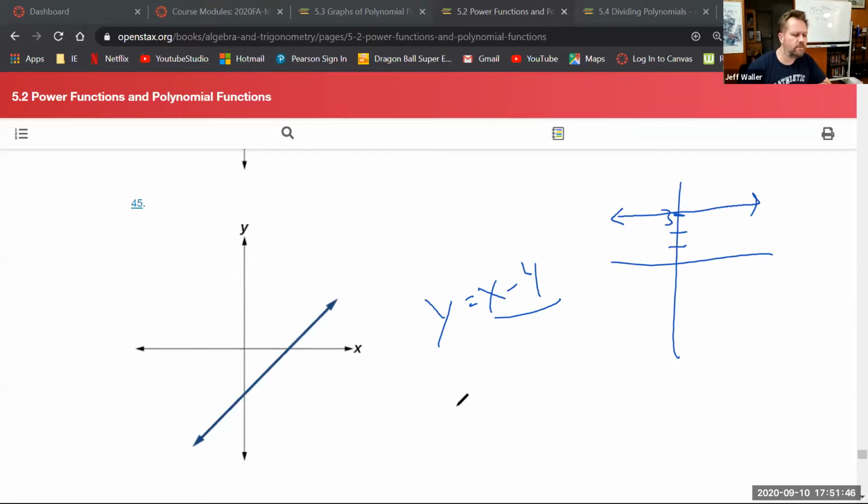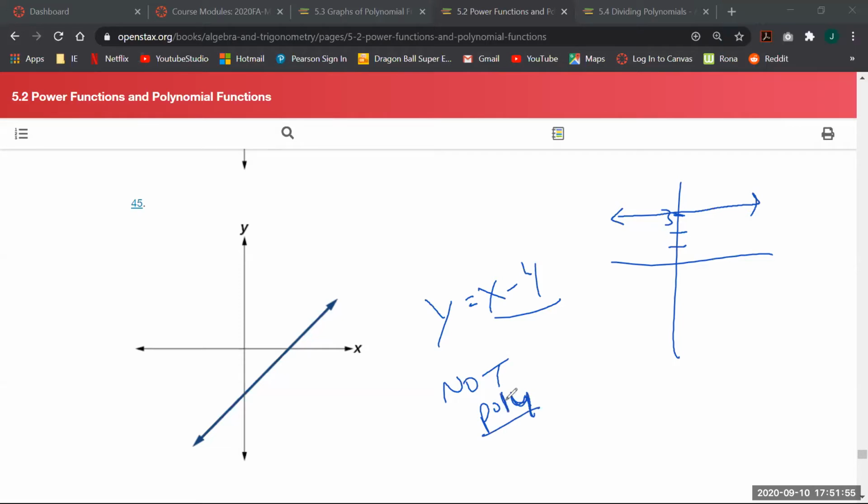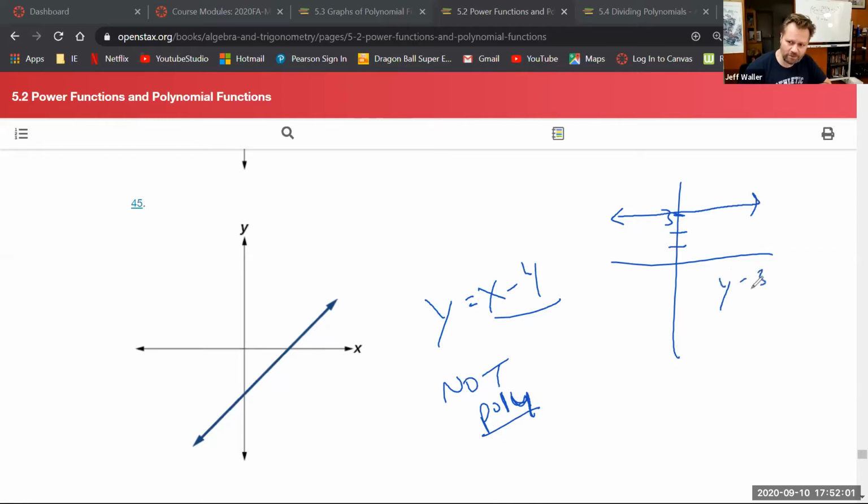Can somebody give me an example of something that's not a polynomial? Y equals 3? Nope, that's a polynomial function. That totally is. So what I'm trying to do right now is explain why that is a polynomial function.